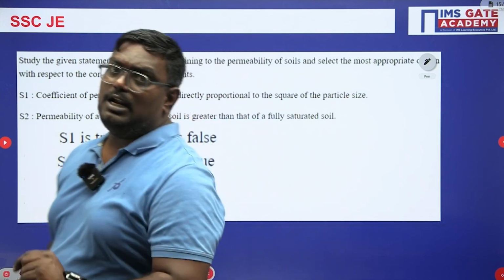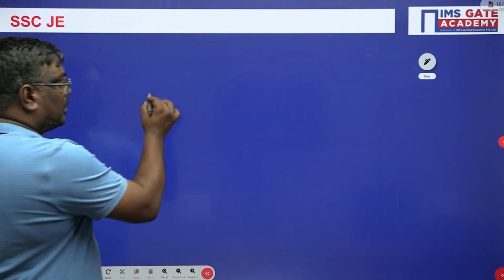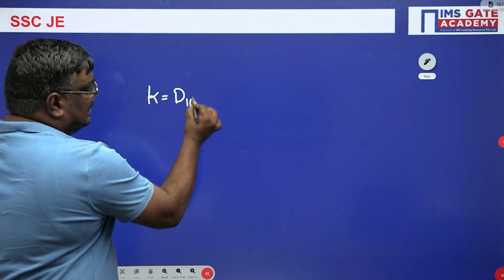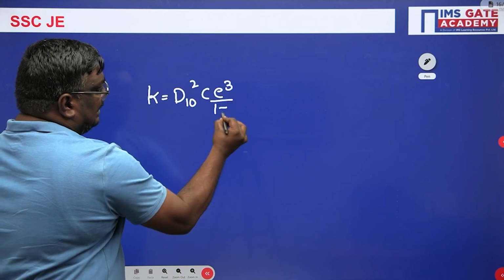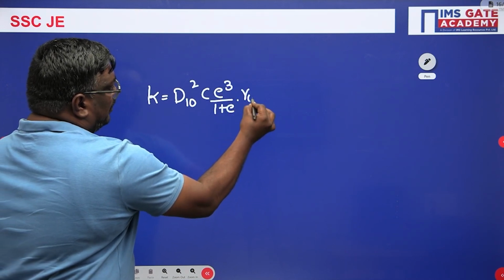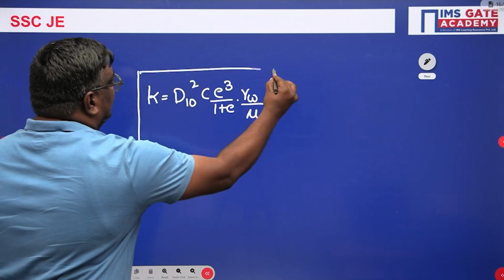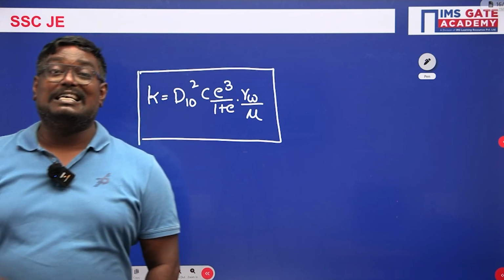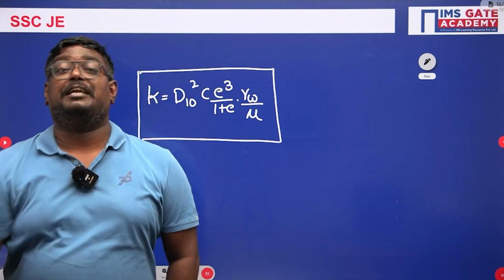Now let me tell you, we have one equation. So let us be more generic, students. The equation we have is K = D10² C (e³/(1+e)) (γw/μ). Okay, this is the important equation. If you can remember this equation, any question related to factors affecting permeability can be answered.